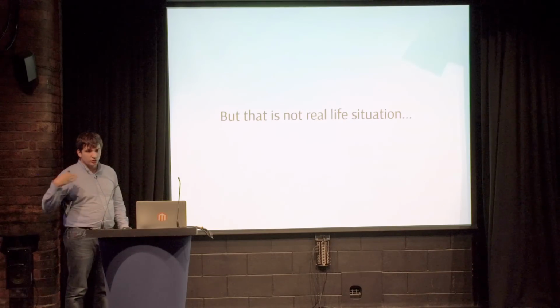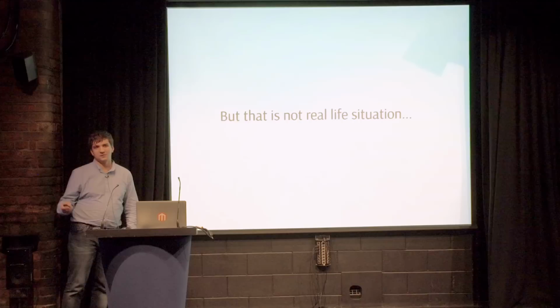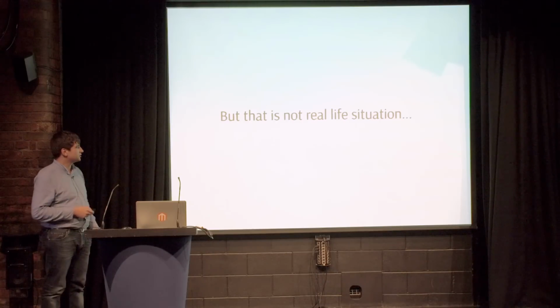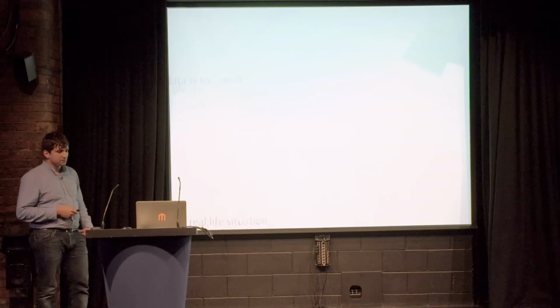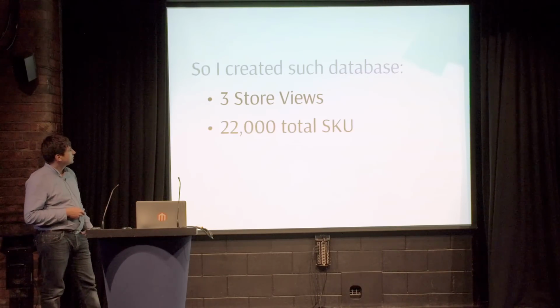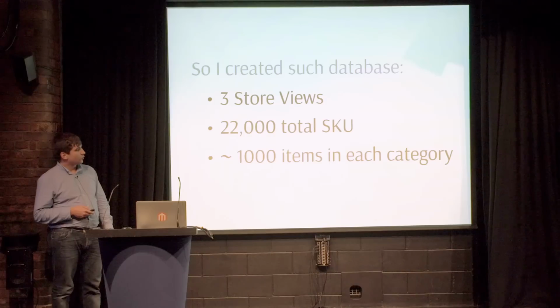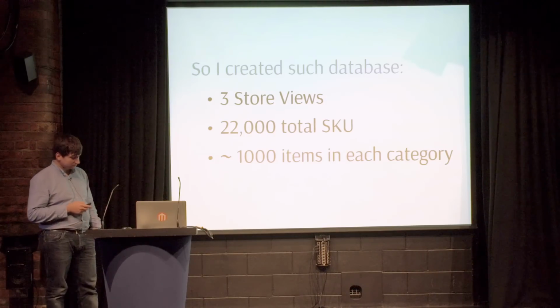But that's actually not a real-life situation, right? Not every shop has just the sample data of Magento, with such a small amount of products. So I decided to duplicate the sample data, and I created a database with 3 store views, 22,000 SKUs, and about 1,000 items per category visible in the catalog.